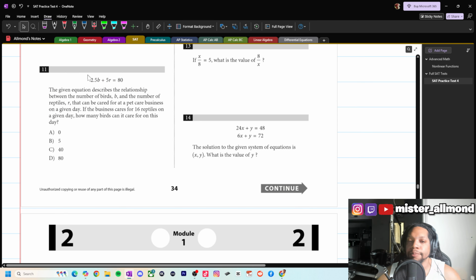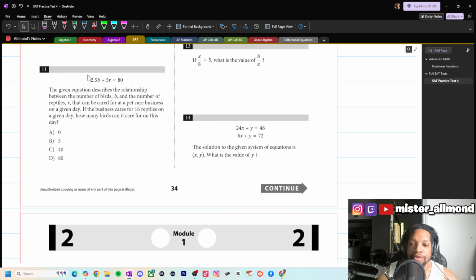All right. The given equation describes the relationship between the number of birds and the number of reptiles that can be cared for at a pet care business on a given day. If the business cares for 16 reptiles on a given day, how many birds can it care for on this day?